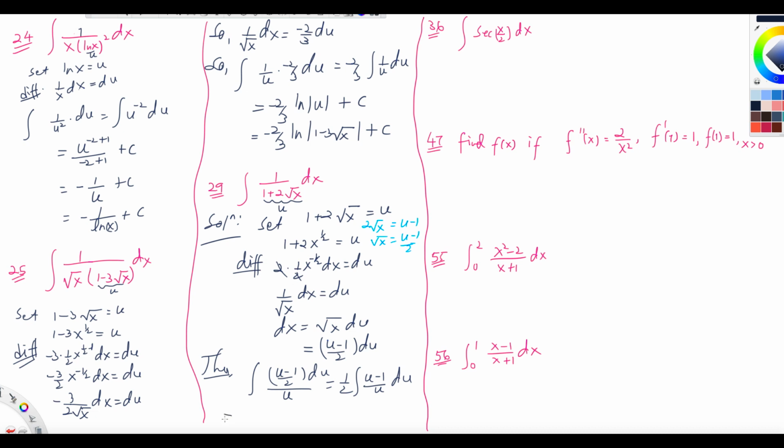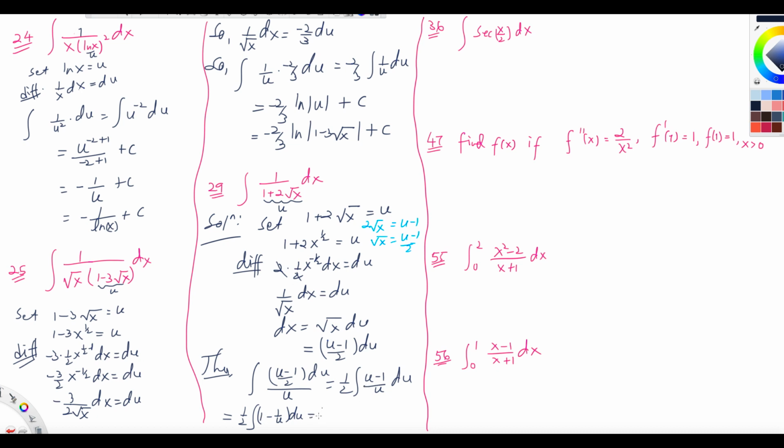So you write u over u is 1, minus 1 over u, du. What I did, I split the denominator.